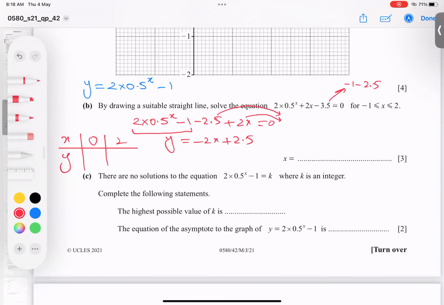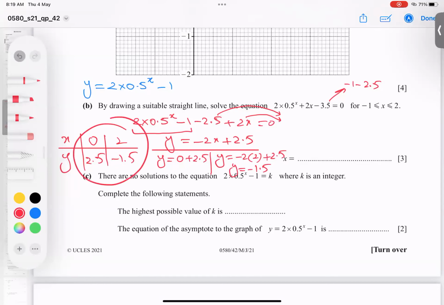So both values I'm going to plug in one by one in this equation. When I plug in 0 here, 0 into something is 0, and 2.5 is left behind. Second option, if I put 2 in the place of x, so -2 into 2 plus 2.5. So the answer is -4 plus 2.5, which is -1.5.